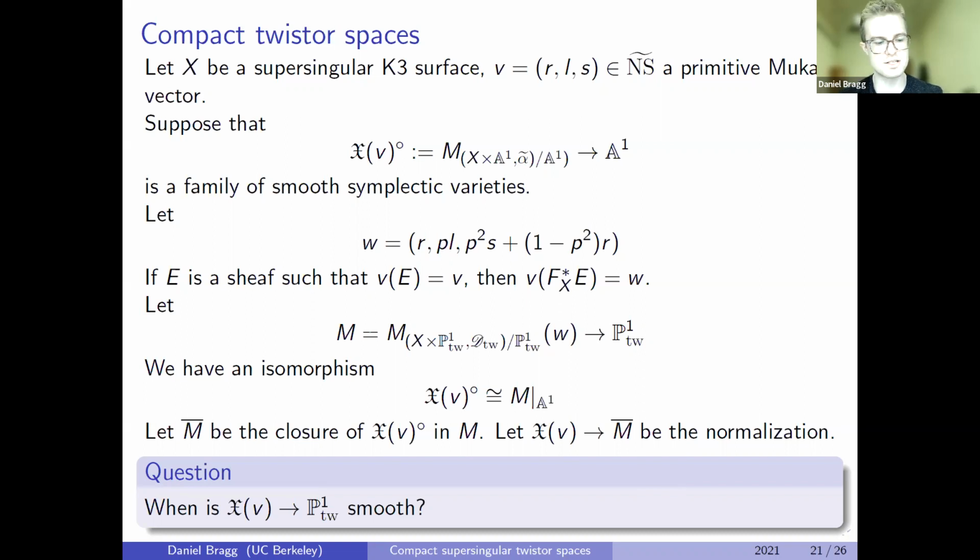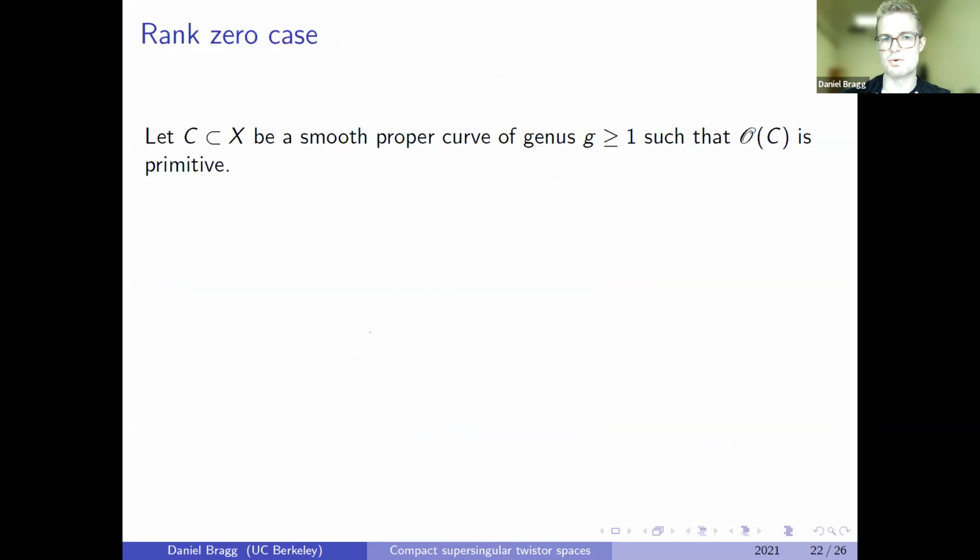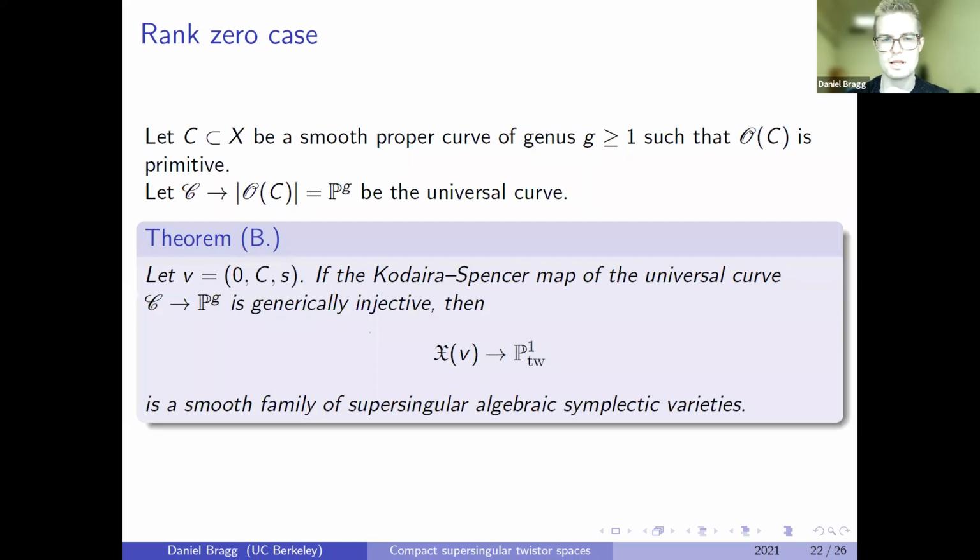So what I want to finish on is one case in which I have, I think, a pretty thorough understanding of what's going on with this family. This is what I call the rank 0 case. You take a curve on X, I call it C, a smooth curve of genus greater than or equal to 1, with primitive Picard class, and consider the universal curve.